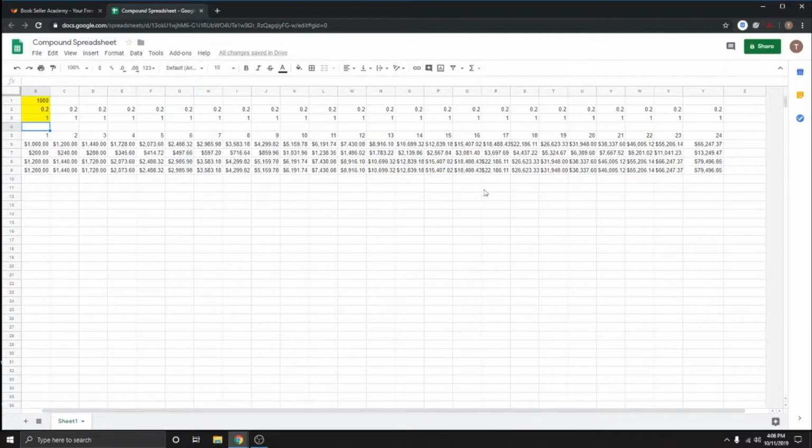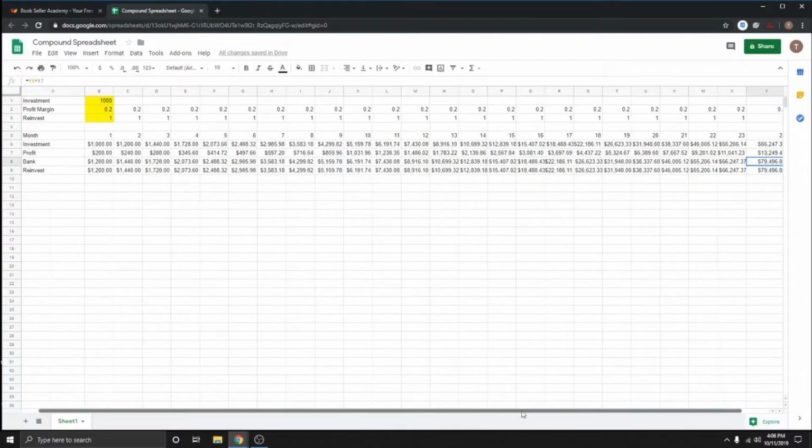So look at the difference when you invest 100% of the business back into your sourcing. At 2 years, you're looking at like a 79,000 bank account just from a $1,000 investment, when you plan on reinvesting 100% of your capital of what you made.